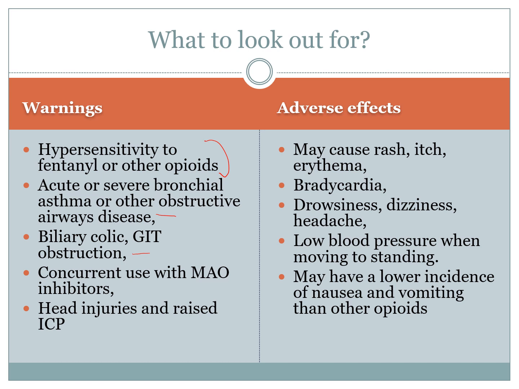Other contraindications include people on MAOIs and people with head injury or raised intracranial pressure. Now, the adverse effects are as you would expect. The most common one is you get a rash and quite itchy, but other side effects can be bradycardia, drowsiness, and sedation. You can also get low blood pressure, especially orthostatic blood pressure. Now, low blood pressure associated with fentanyl is a little bit different than morphine.